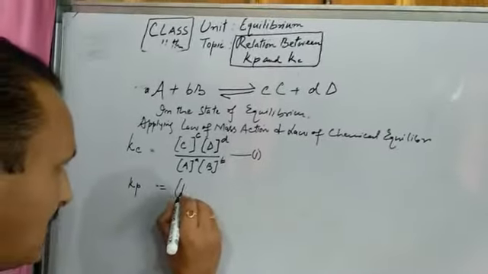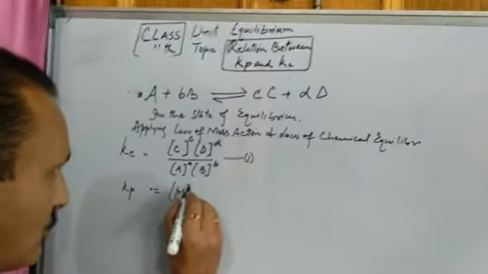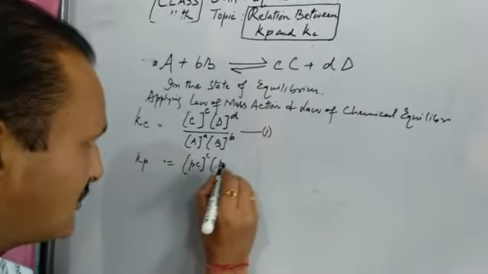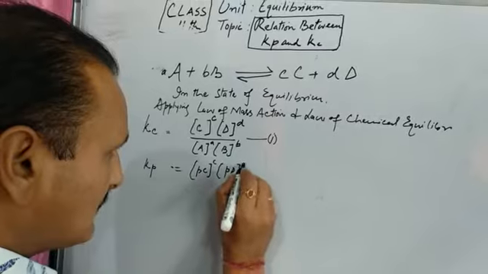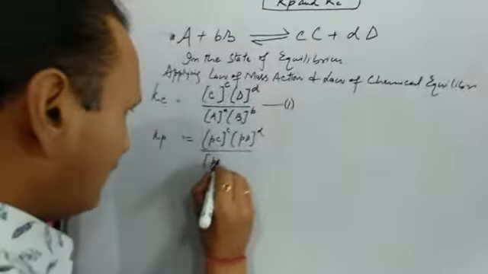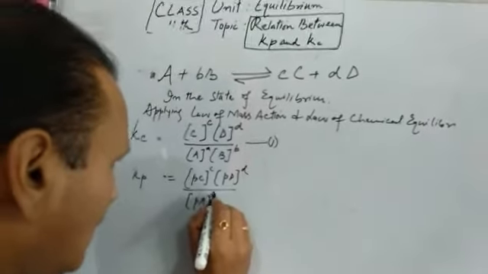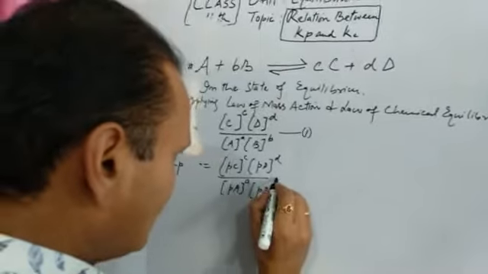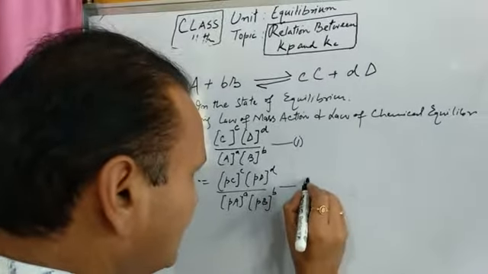This is partial pressure of C raised to power small c, partial pressure of D, PD, raised to power small d, upon partial pressure of A raised to power small a, and then partial pressure of B, that is another reactant, raised to power b. This will be equation second.